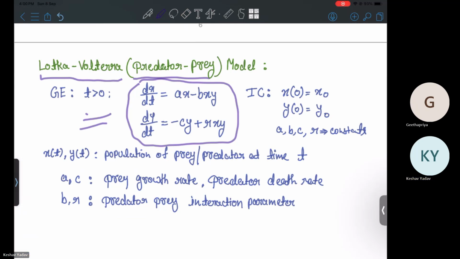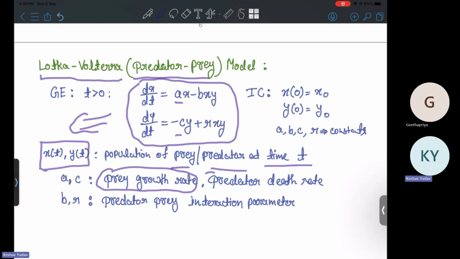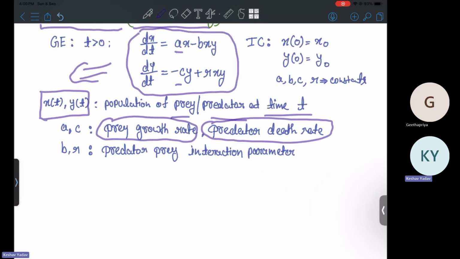So the populations are given as x(t) and y(t), which are the populations of predator and prey at time t. A and C: A is the growth rate of the prey, and C is the death rate of the predator. B and R are interaction parameters between prey and predator.